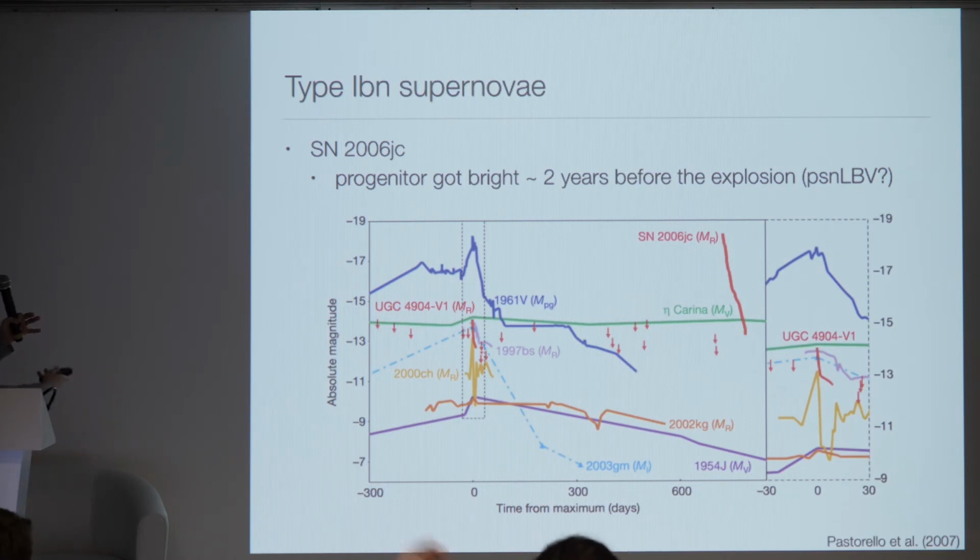Then the actual supernova explosion happened 2 years later, and the exploded ejecta crashed into the circumstellar matter, which was probably made 2 years before. So this kind of phenomenon is also seen in Wolf-Rayet stars.